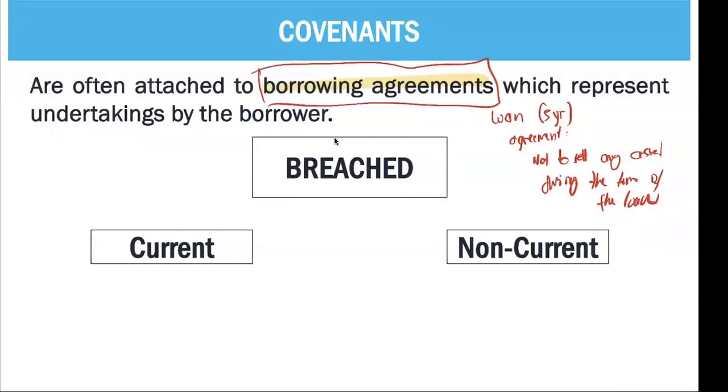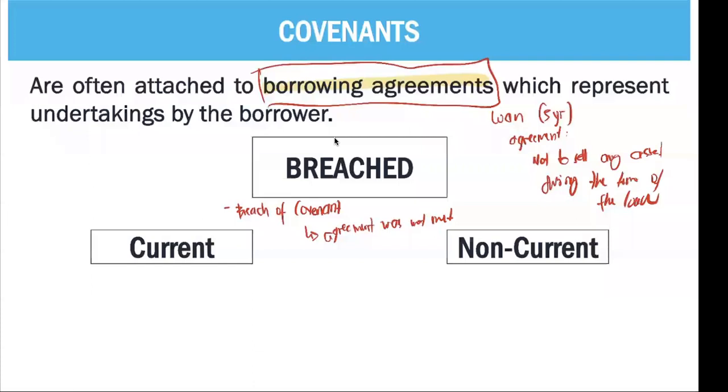Now, what if there is a breach of covenant? In short, breach of covenant means that the loan agreement was not met. There is an agreement not to sell any asset.